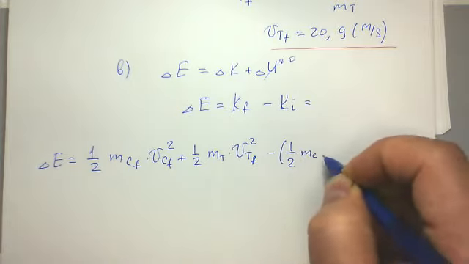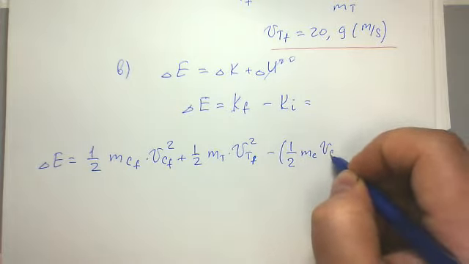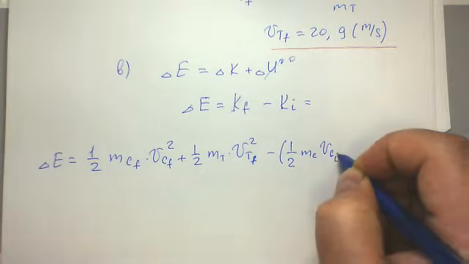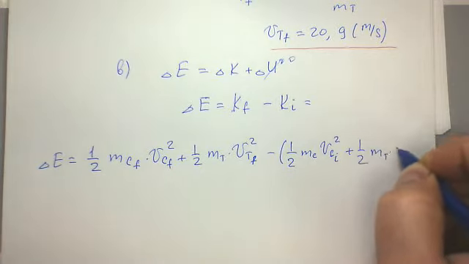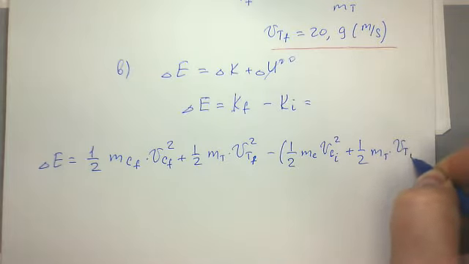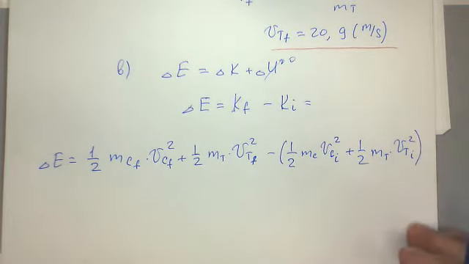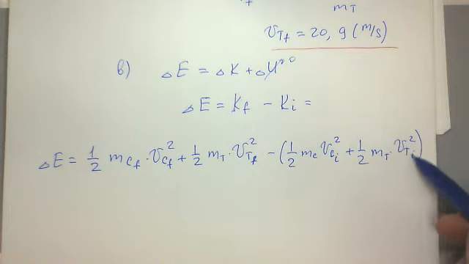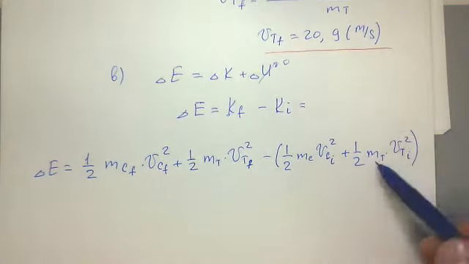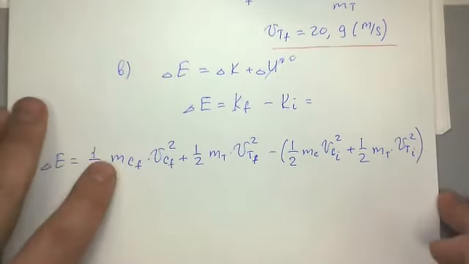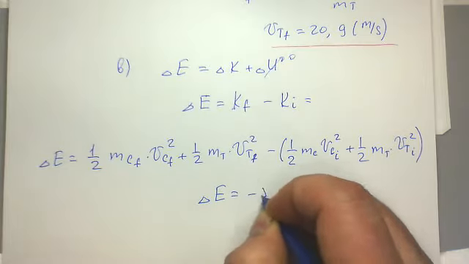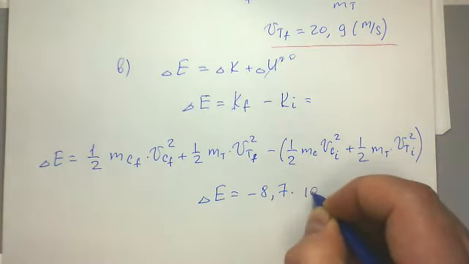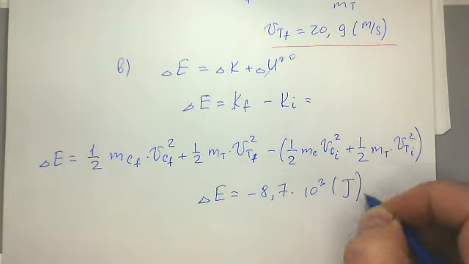So this is 1/2 M car V car initial squared plus 1/2 mass of the track times V track initial squared. Substitute all the numbers here. Everything is done; we found the previous part, and all the rest is given. You will obtain that the change of the mechanical energy equals minus 8.7 times 10⁻³ joules.